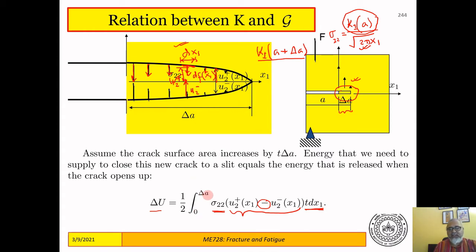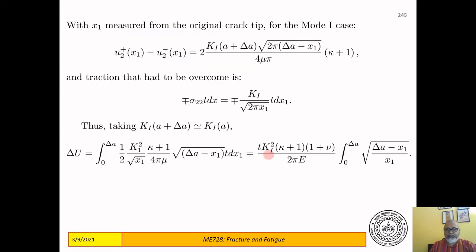This is the total strain energy that will be expended to close the new crack formed back to its original closed state, as in this figure. So this energy has now got to be calculated. Sigma 22 comes from the fact that sigma 22 is the stress field ahead of the main crack.